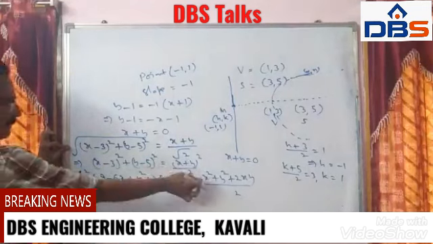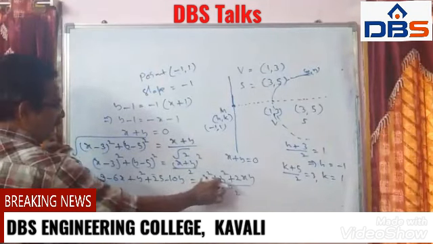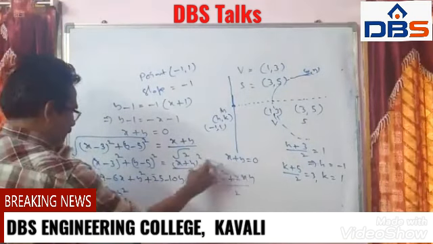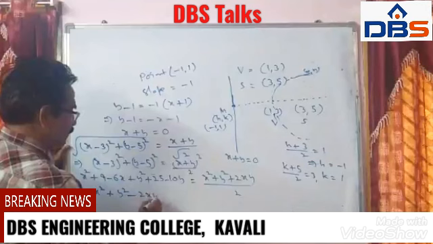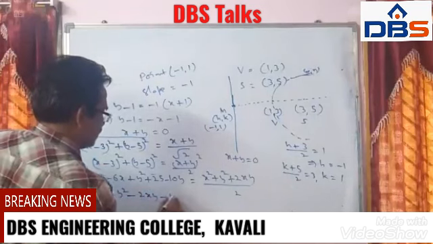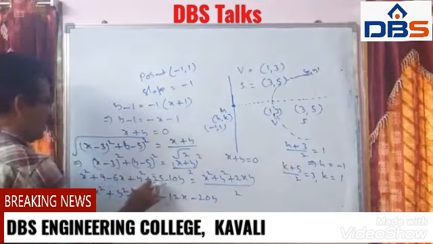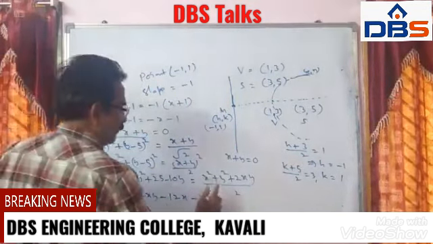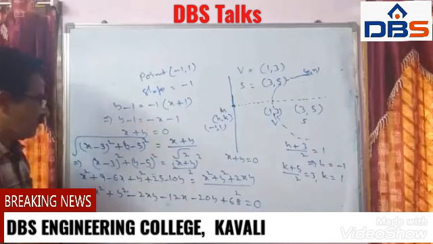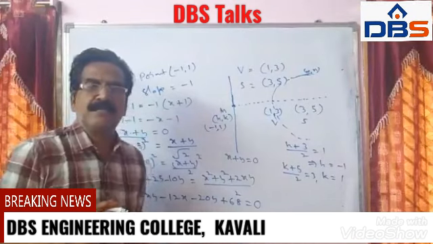Now 2x square minus x square, 2y square minus y square, next minus 2xy, 2 into minus 6 is minus 12x, 2 into minus 10 is minus 20y, 25 plus 9 is 34, 34 into 2 is 68. This is the required equation, friends. x square plus y square minus 2xy minus 12x minus 20y plus 68 is equal to 0 is the required equation of the parabola.